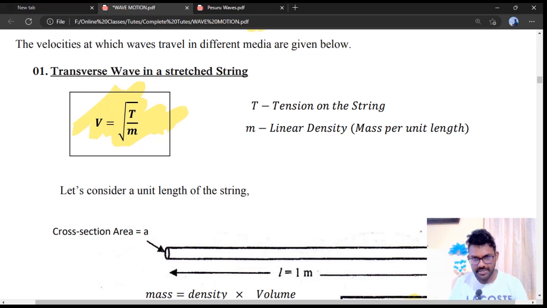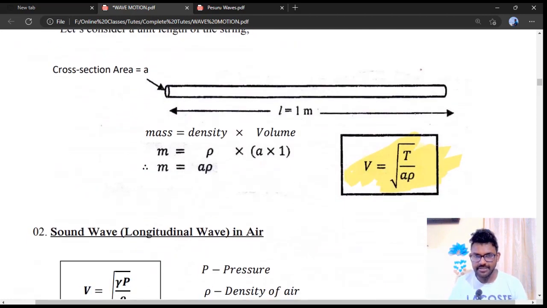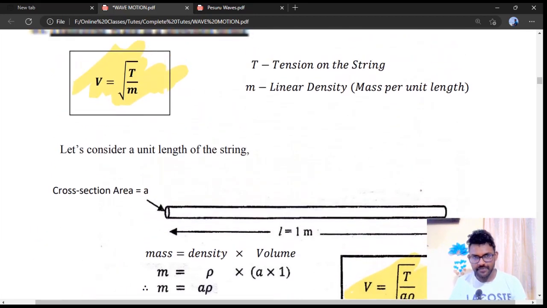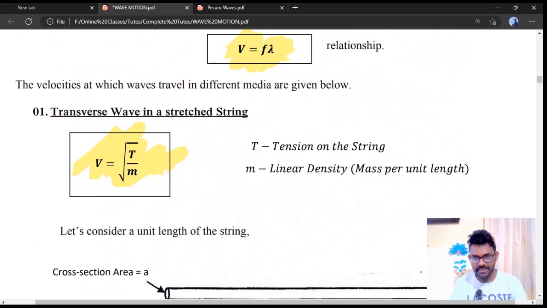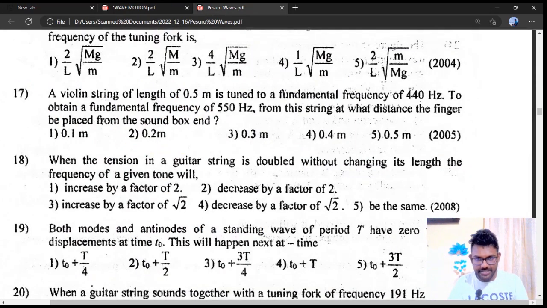If the length changes, the mass per unit length could change, because stretching means you may reduce the cross-section area. But here we are not changing the length, we are only increasing the tension.